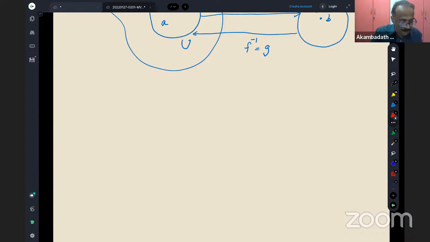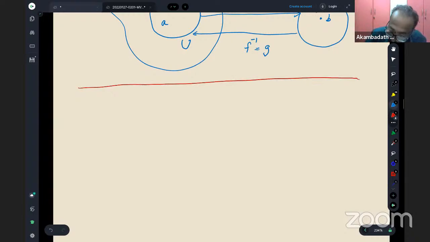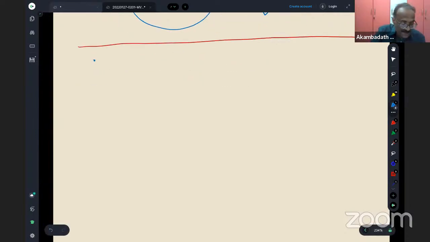Before coming to the proof, the immediate important thing I need is the Banach contraction theorem on fixed points.